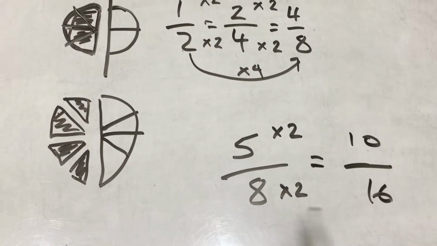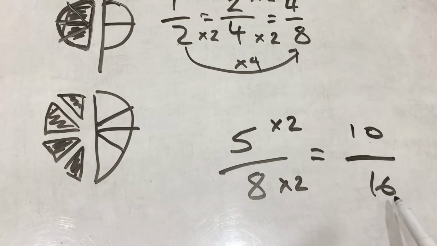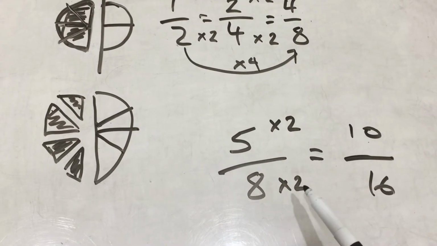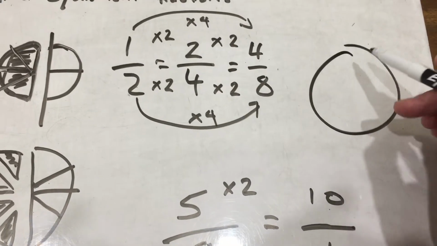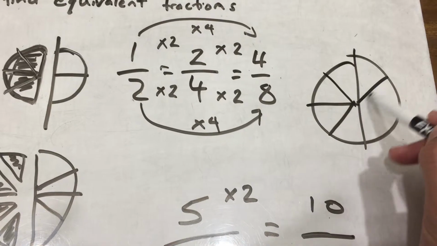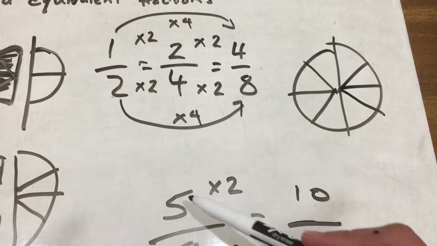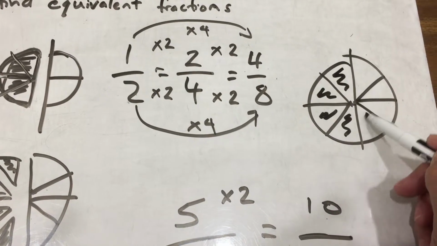Basically it's saying that my original amount, I've just doubled that amount. I cut all those pieces in what was an 8 into halves again. Let me draw that in for you. What I had there was my 8, and I had 5 coloured in, 1, 2, 3, 4, 5.